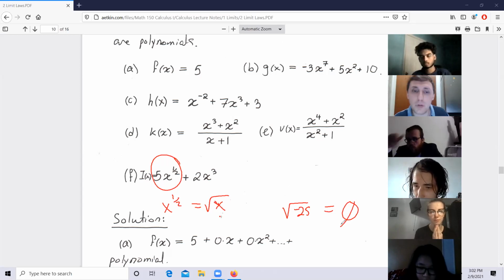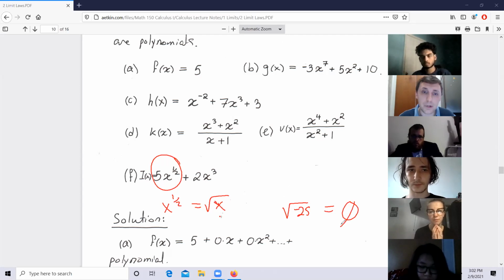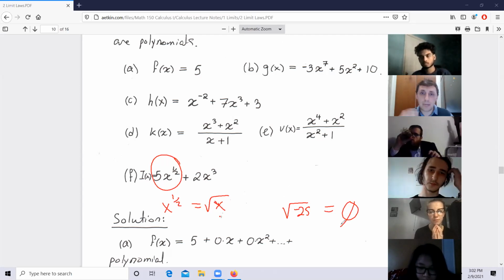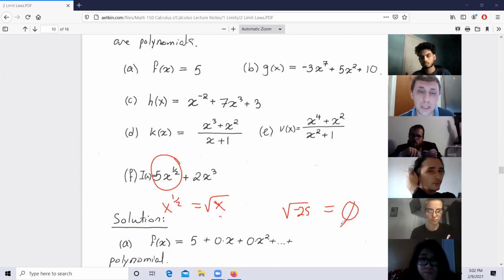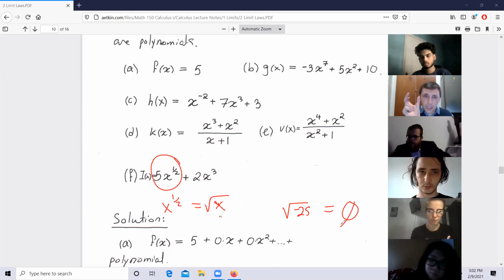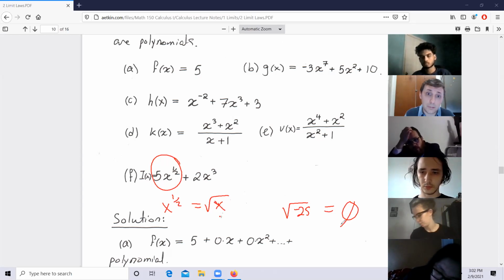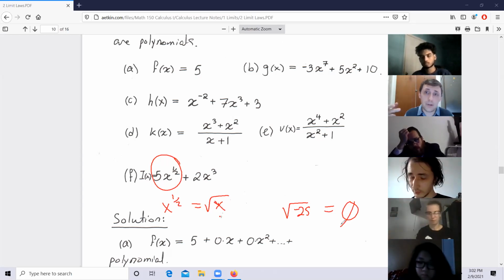You understand what the square root of minus 25 means? It tells me, find me a number such that when this number is multiplied by itself, you will get minus 25. But if I take a positive number and multiply by itself, I get a positive number. If I take a negative number multiplied by itself, I get a positive number. And 0 multiplied by itself is 0.